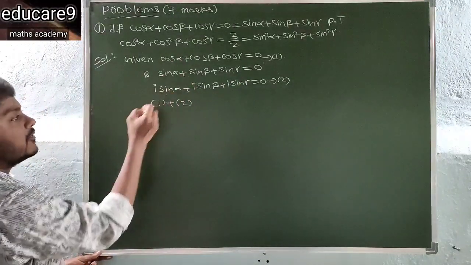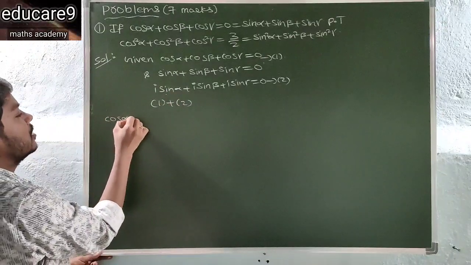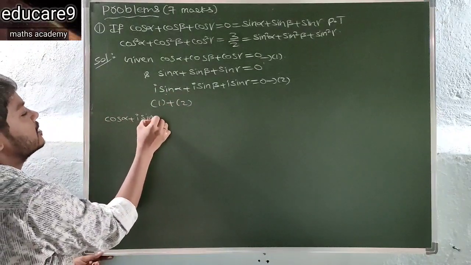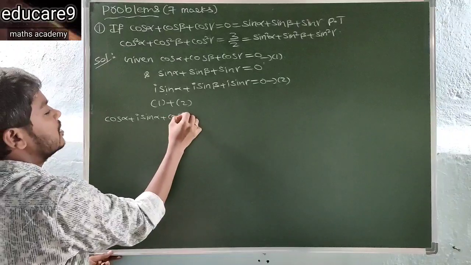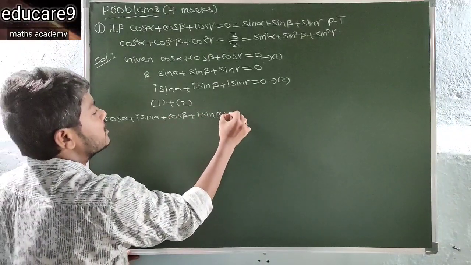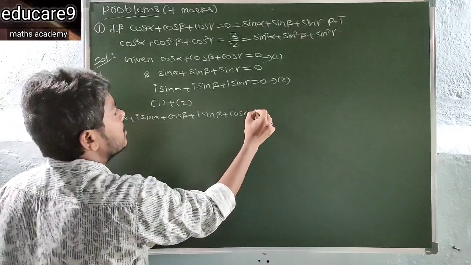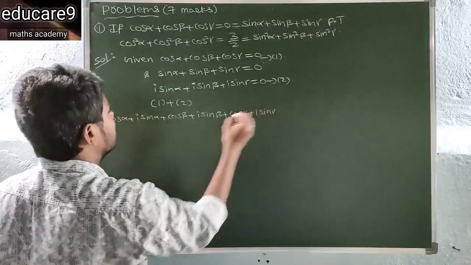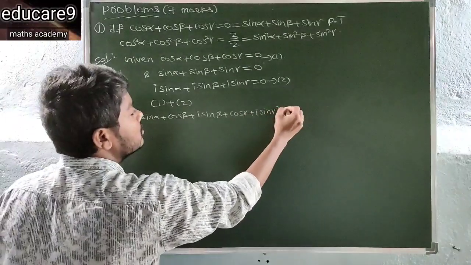You will get cos alpha plus i sin alpha plus cos beta plus i sin beta plus cos gamma plus i sin gamma is equal to 0.